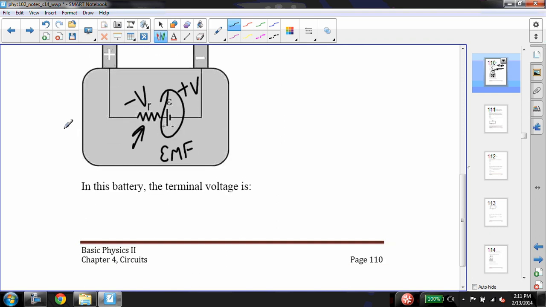So in this battery, the terminal voltage, that is what you read if you were to stick a voltmeter onto the leads of the battery, which is delta V as I've drawn it here, would equal the EMF minus I times R.